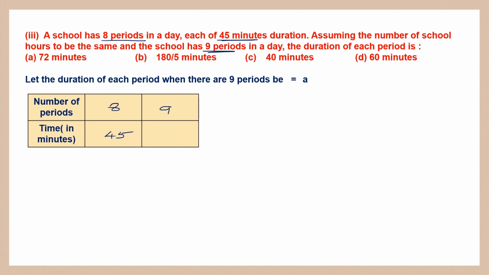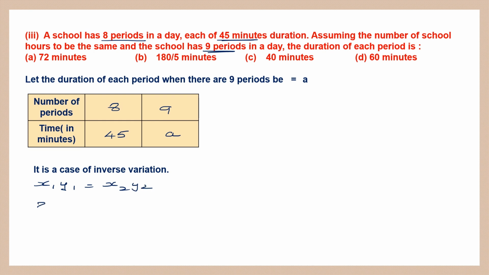So here let's write A first, because we are going to find out A, and this is the case of inverse variation. So according to inverse variation, x1, y1, the product will be a constant and it will be equal to x2, y2. So x1, y1 is equal to x2, y2.